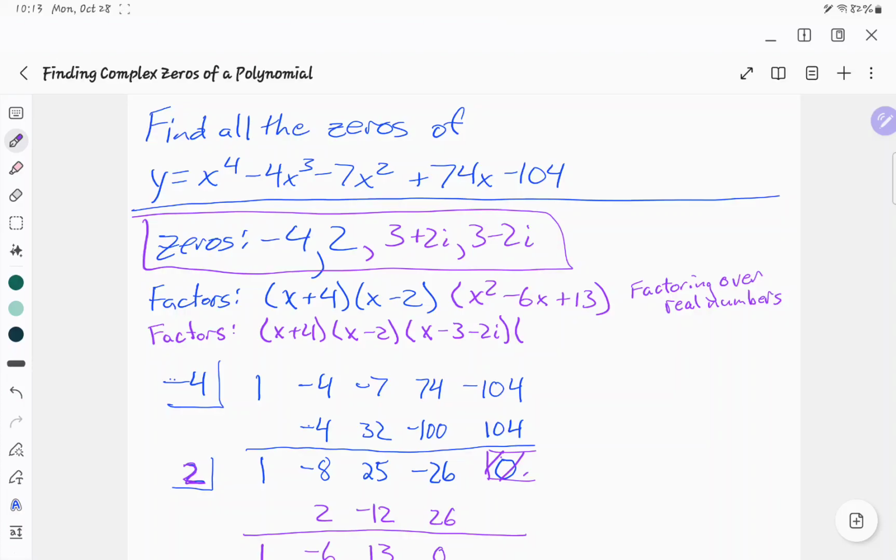And x minus this other zero, again the negative will distribute, and we'll get x minus 3 minus the negative 2i would be a plus 2i. So something like that. And this would be what we call factoring over complex numbers.